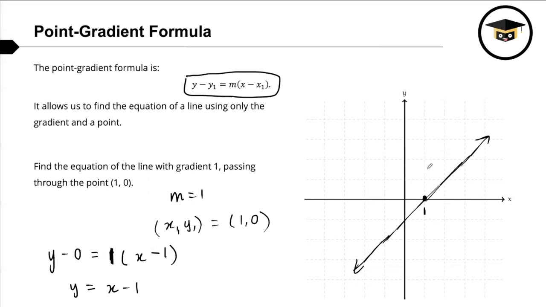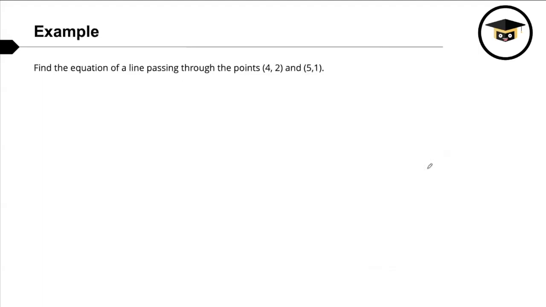Now, let's go through another example. Find the equation of a line passing through the points 4, 2, and 5, 1. So here, we don't have the y-intercept. But what can we do? We can use our point gradient form, okay? So point gradient form, remember that was y minus y1 is equal to m(x minus x1).